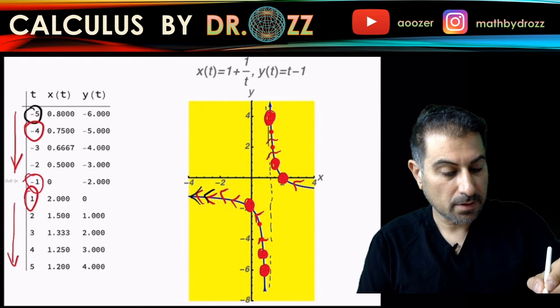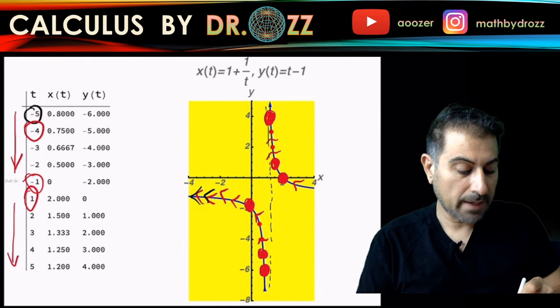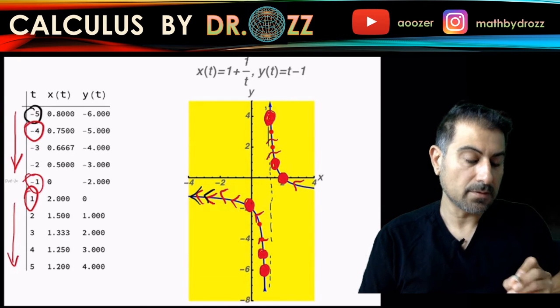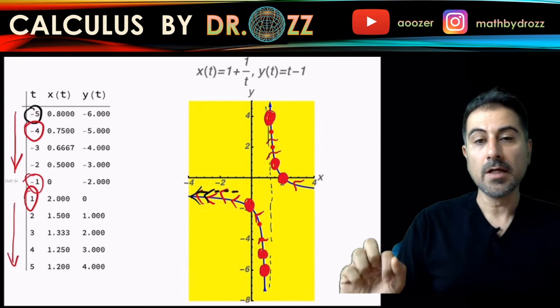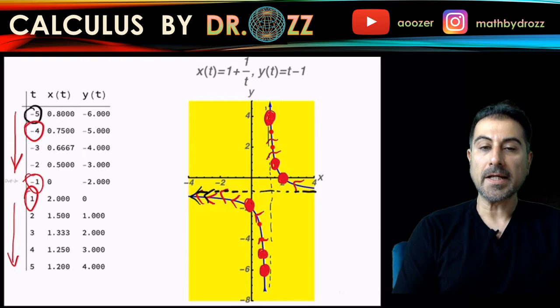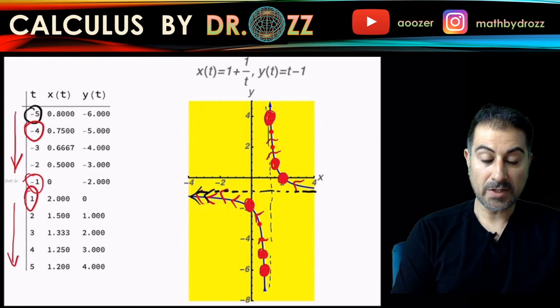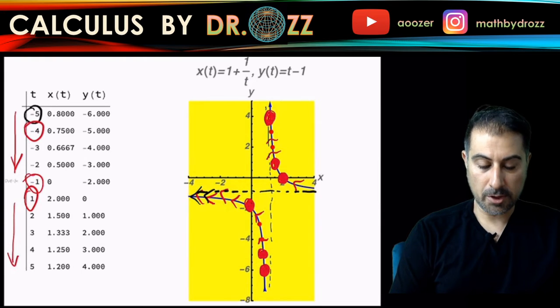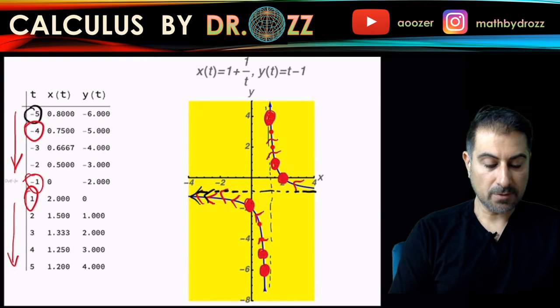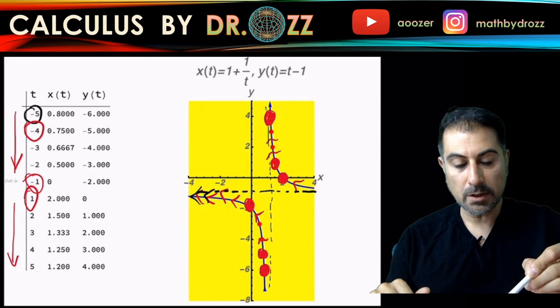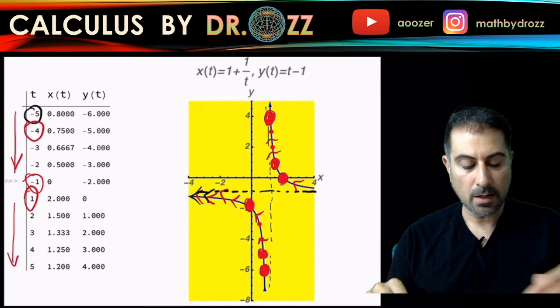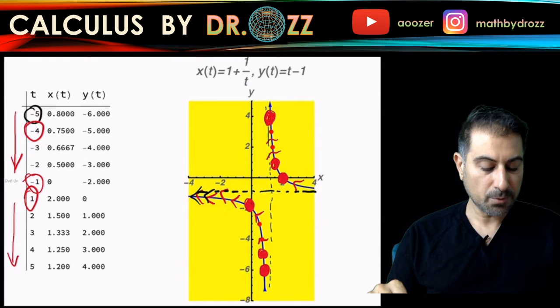Let me try graphing that. These are invisible asymptotes. There's a way to find them without having the rectangular equation form of this curve, but apparently this is the visual of the curve. Let me just clean this up for you.